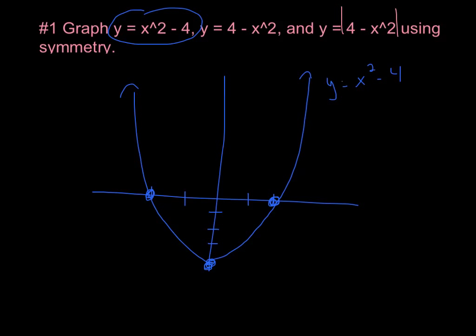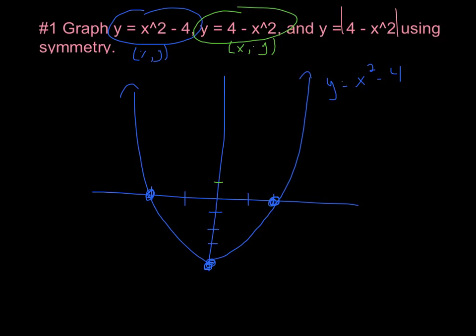Alright, now let's graph the second one. I'm going to do him in green. It's 4 minus x squared. Well, all he's done is flipped over the x-axis. So instead of x, y's in blue, if he's flipped over the x-axis, the y values have changed. So it's x, negative y's.